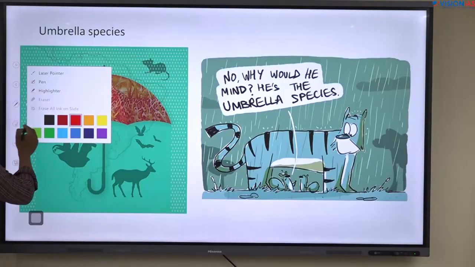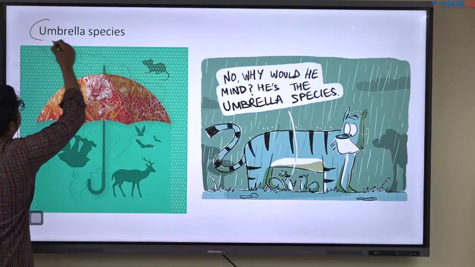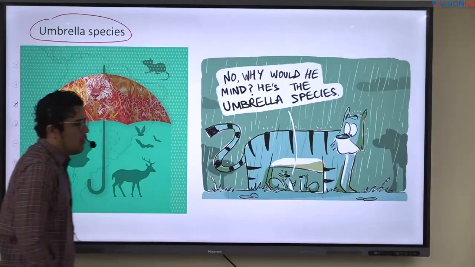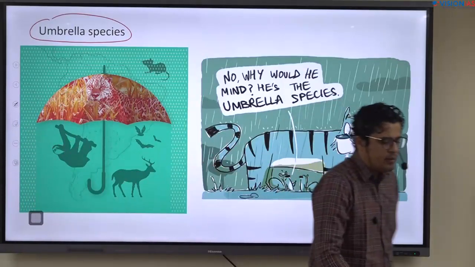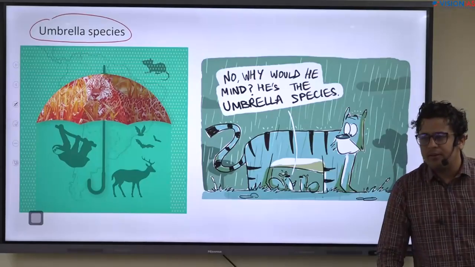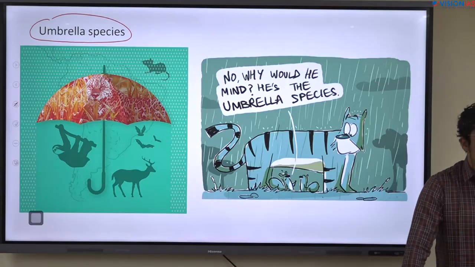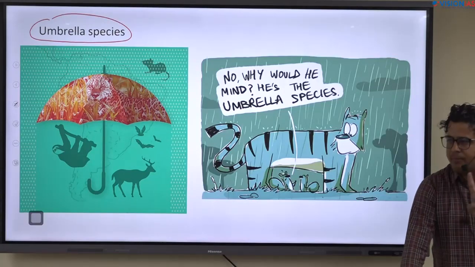So the very first definition that we will see is umbrella species. What is an umbrella species? How can you identify it? See, umbrella species are large in size. First, they are big.